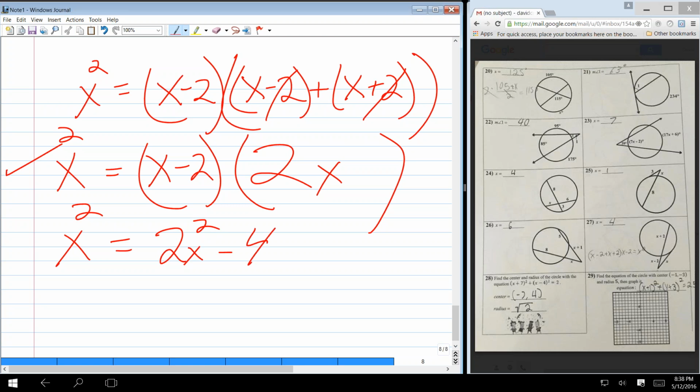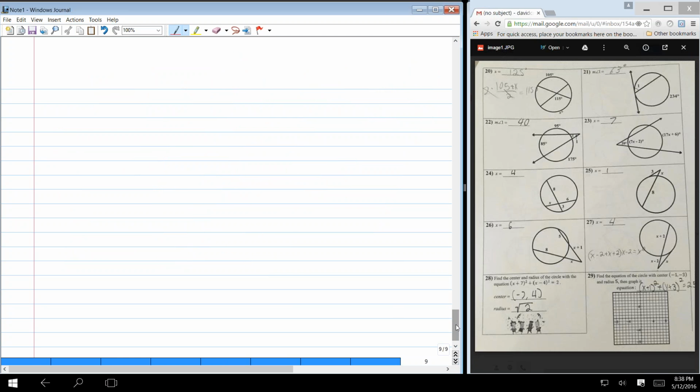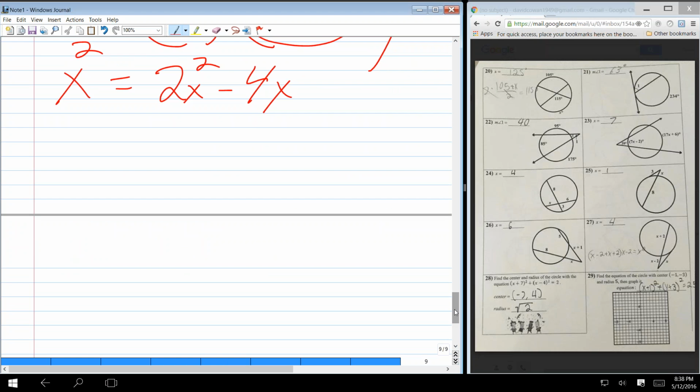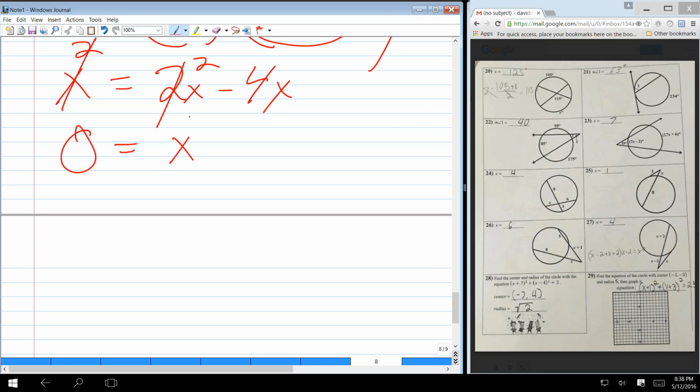You have to multiply that whole thing times x. X times x is x squared. Now, how do we solve this? X squared minus 4x, 0 equals x squared minus 4x.